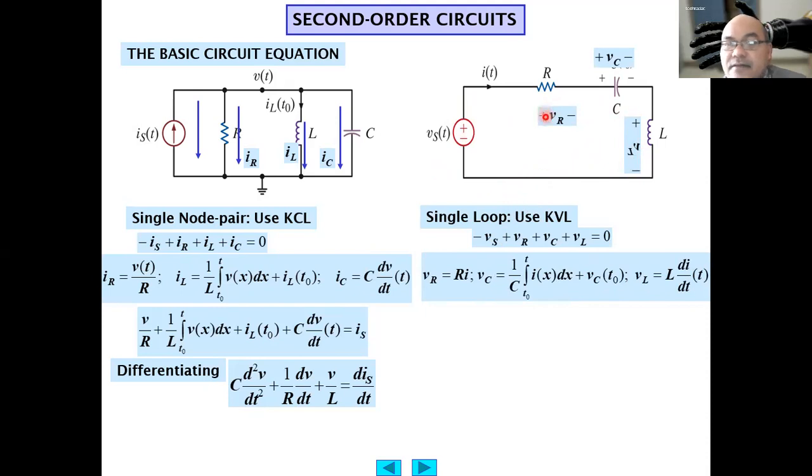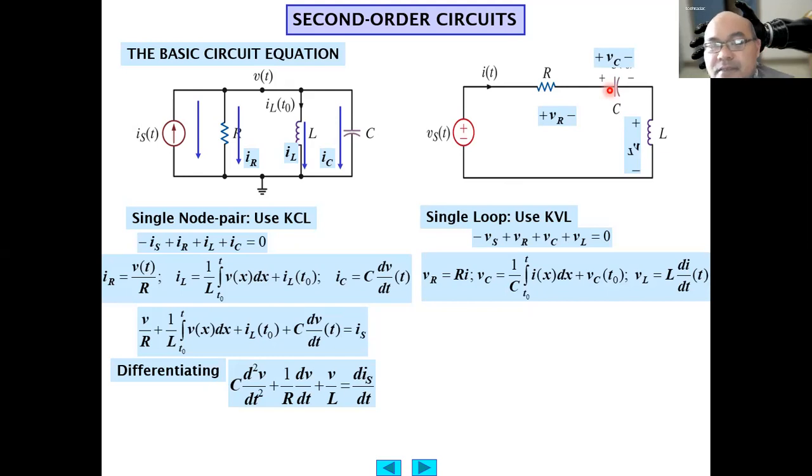The VR can be expressed using Ohm's law as resistance times current, Ri. The VC can be expressed using the integral form of the capacitance law, equals 1 over C integral of i(x) dx from t0 until t.